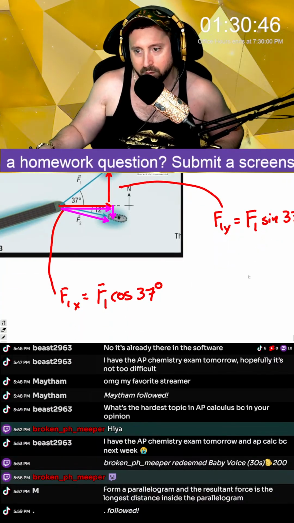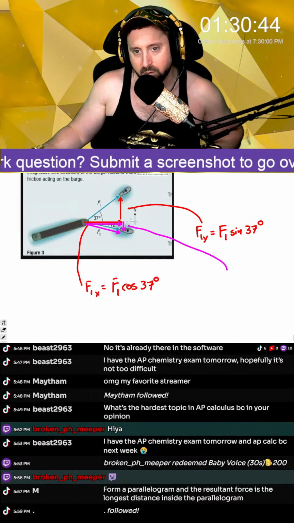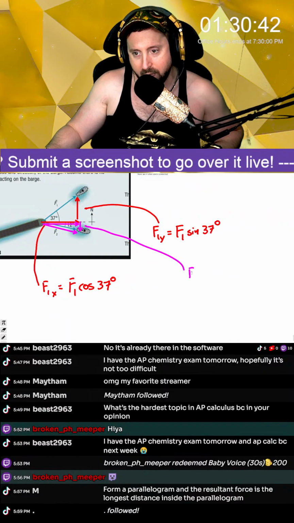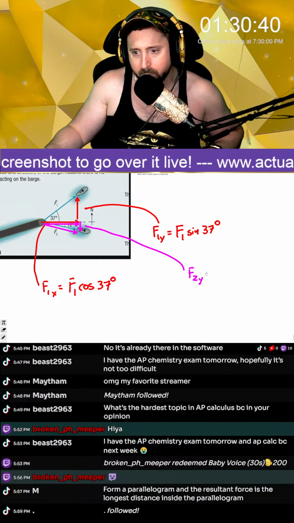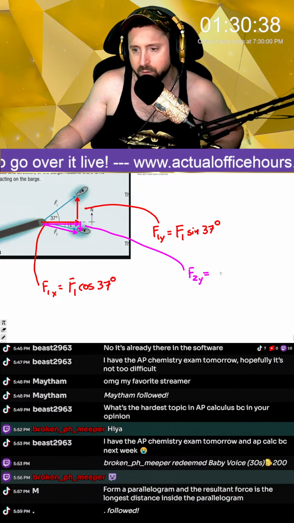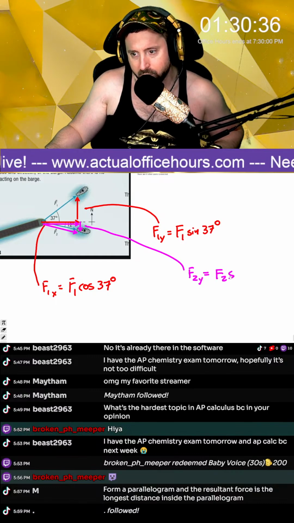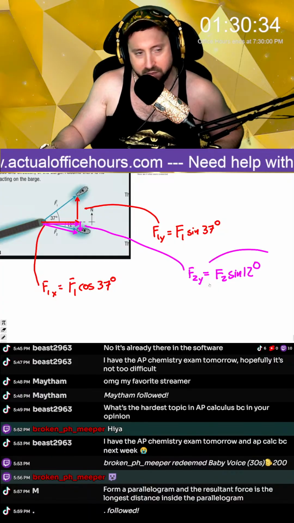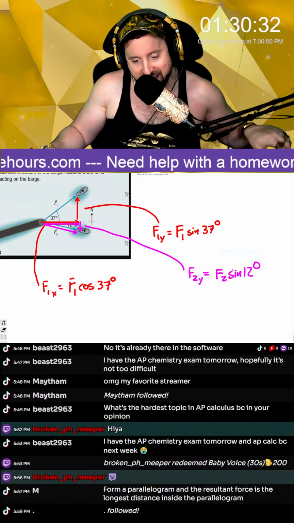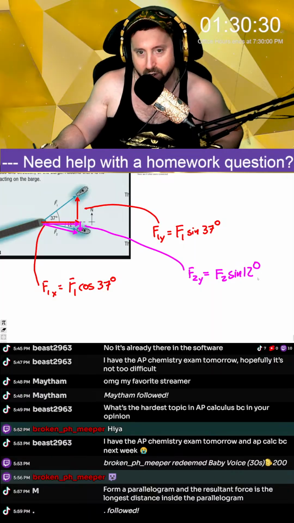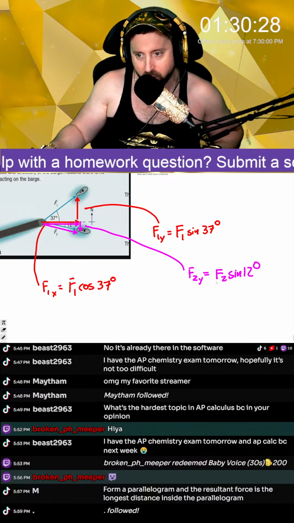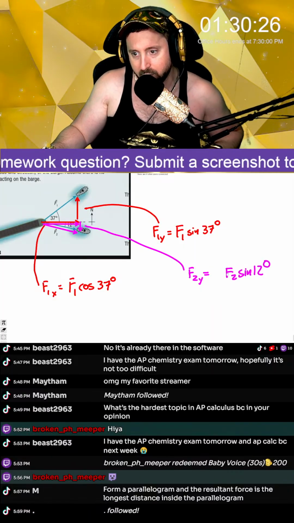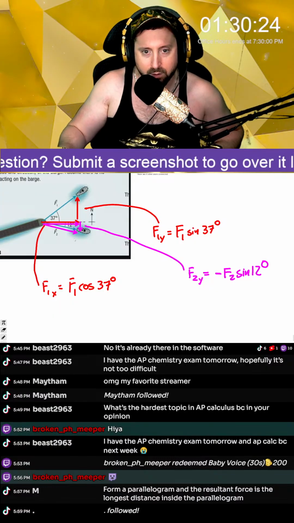Okay. This, we're going to have F2y, which is going to be equal to F2 sine of 12 degrees. But the key thing here, Jay, is that this needs to be negative. Don't mess that up. Because this is pointing down, sometimes students will forget that this needs to be negative.